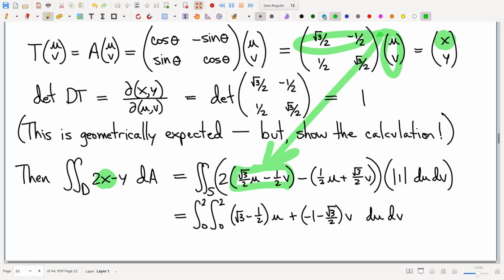And likewise, this y, what is the deal with that y? If I'm rewriting everything in terms of u's and v's, that y, well, it's the second coordinate of my output for my change of variables function, which is this dot product right there. Cool.